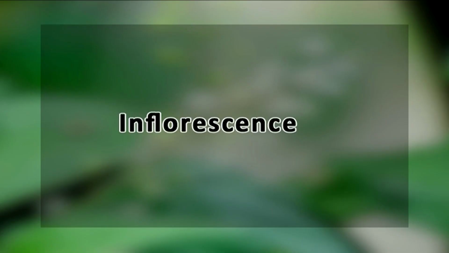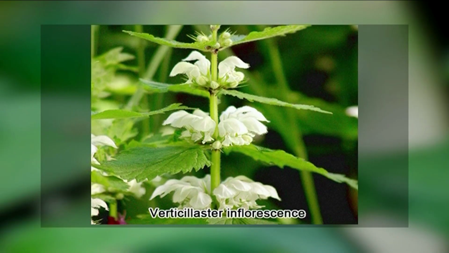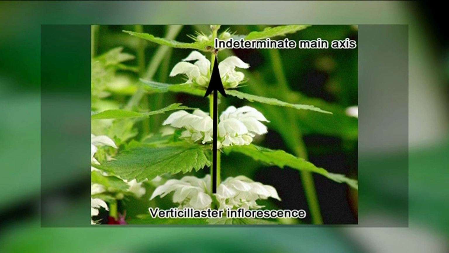Now discussing the floral morphology of Lamiaceae, starting with inflorescence. The inflorescence is here a unique type called verticillaster. What is this verticillaster? It's a type of inflorescence which consists of an indeterminate main axis and then the determinate, cymosely branched lateral axes.